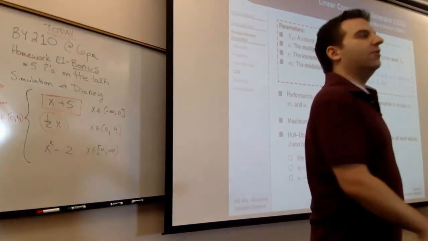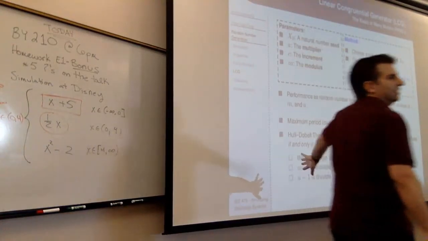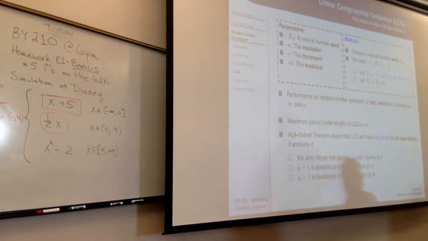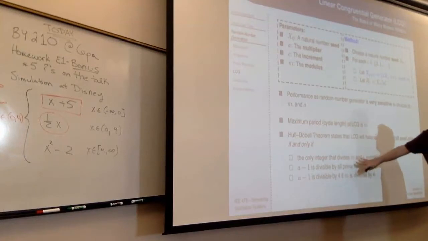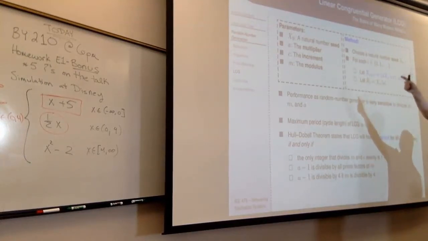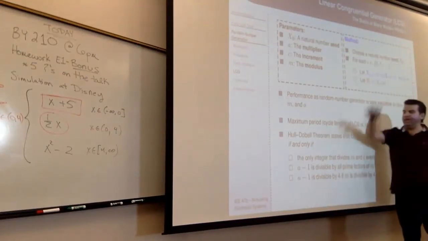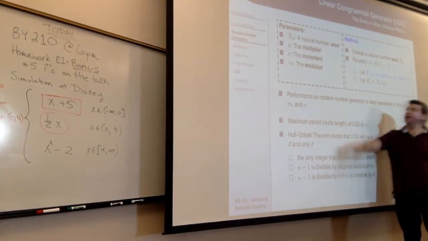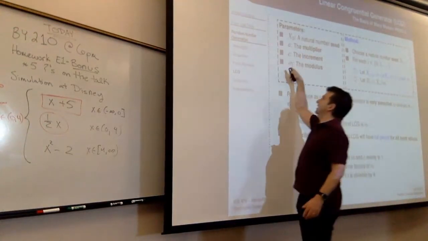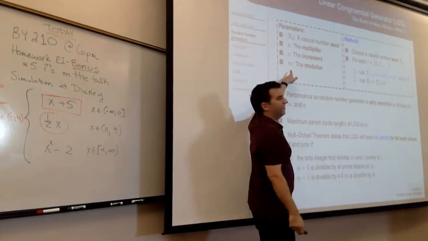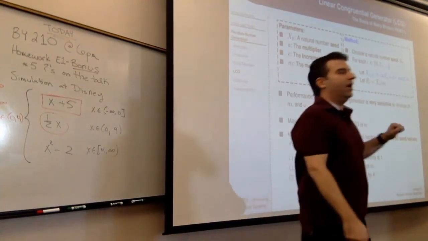There are numerical conditions, and I'm not going to test you on these conditions, but I just want you to see that there are numerical conditions that do not depend on the seed that guarantee that this thing has a full period. And that's really nice, because in the previous ones, some seeds had long periods and other seeds had not so long periods. In this one, every seed I put in will have a full period. But it's determined by this a, c, and m. So it's still sensitive to these, but if I choose them well, I get some good properties.